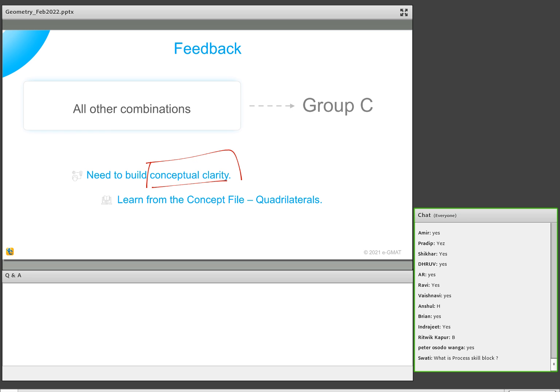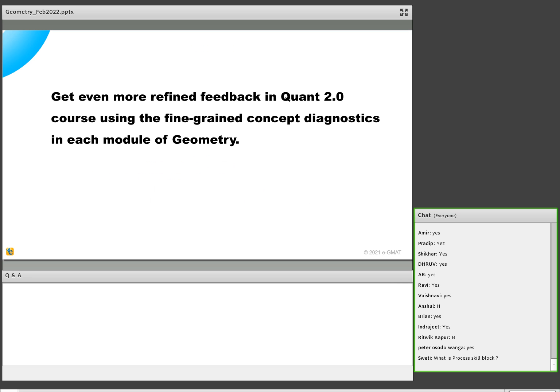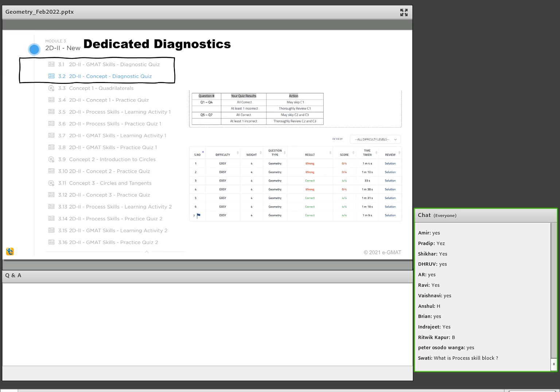All right. So now very, very quickly, what we're going to do is understand what it takes. What are those conceptual gaps? What are those conceptual elements that you need to know as far as quadrilaterals is concerned? All those things we're going to discuss right now. Okay. So if you guys have noticed, fundamentally a particular algorithm is what we have executed here.